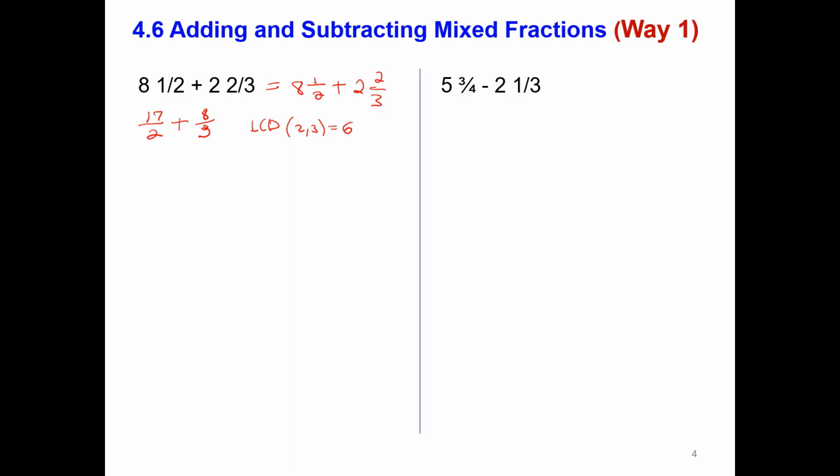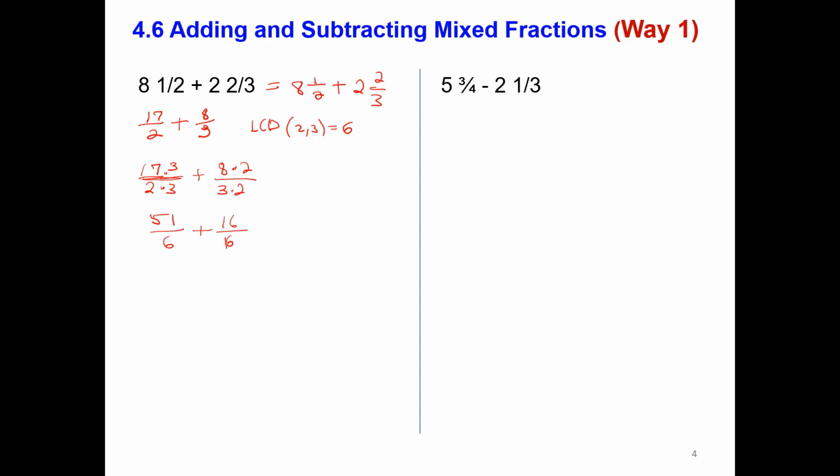To do that, we multiply the first fraction by 3 to get 6, and if we multiply the denominator, we have to do the same on top. We multiply the second by 2 to get 6, so we multiply by 2 here as well. Now let's multiply. 17 times 3 is 51 over 6. 8 times 2 is 16 over 6.